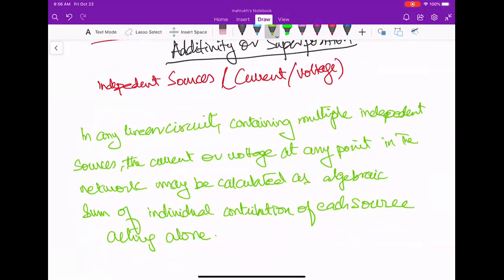But the superposition principle says that you can also find the individual effects and then sum them up, and that should be equal to the combined effect. How it will work, we will see that too.